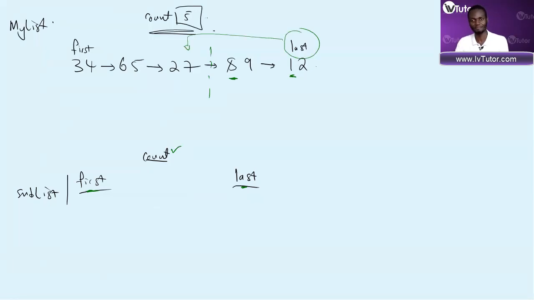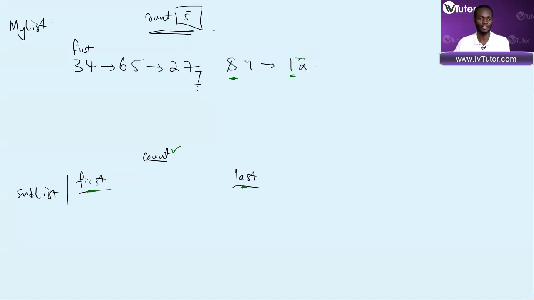You have divided. Because now first for sublist is here, last for sublist is here, your last for my list is now here. You have broken this link, so these just become 2 different lists. So if we draw it, we are saying this now just looks like this. Your last here is obviously gone. It's now sitting.